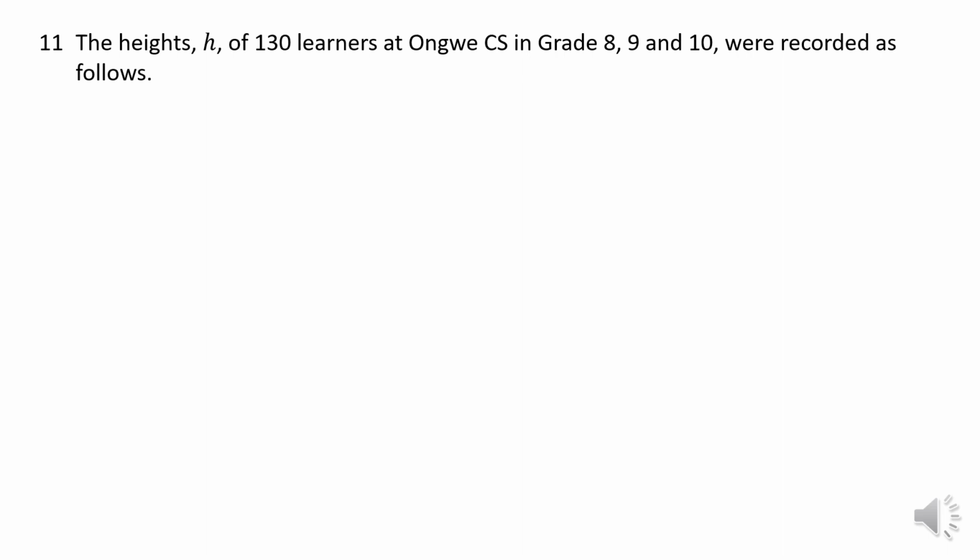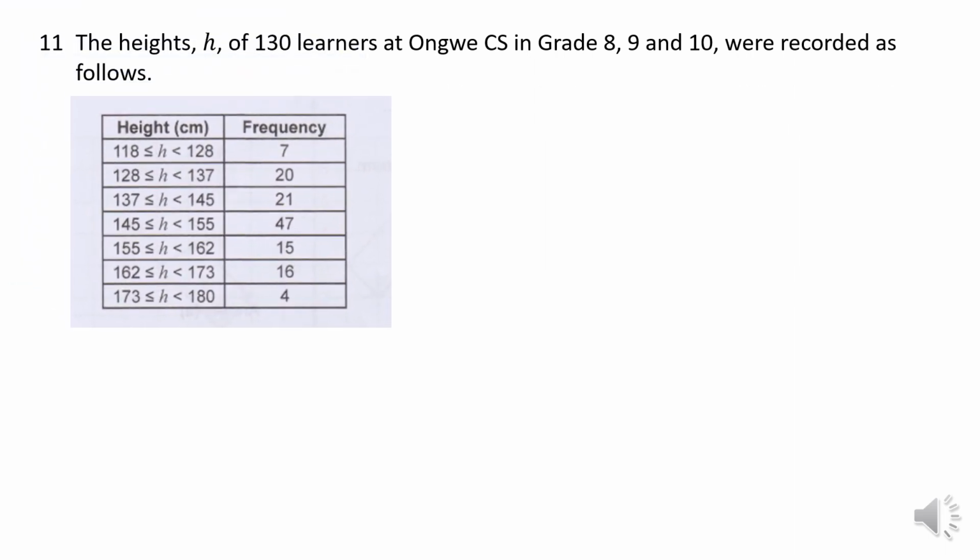The heights H of 130 learners at Ongwe Combined School in grade 8, 9, and 10 were recorded as follows. So I have the table here. What this particular table means is that if you look at this row, 7 learners have heights of 118 to 128, but 128 not included.